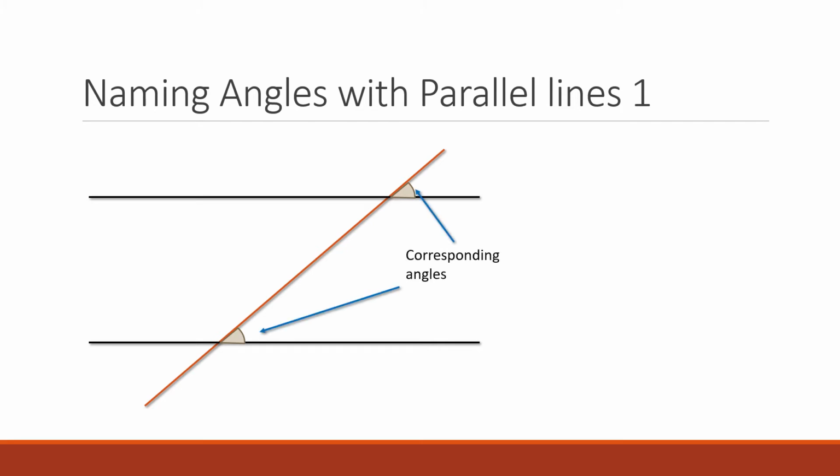They naturally correspond to each other because they're on top of the black line and on the right side of the orange transversal line. They're called corresponding angles. Similarly, in this picture, you can spot four pairs of corresponding angles, green one being one such pair.